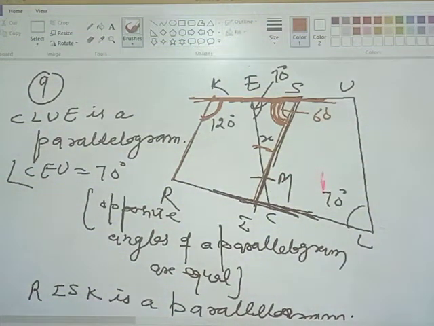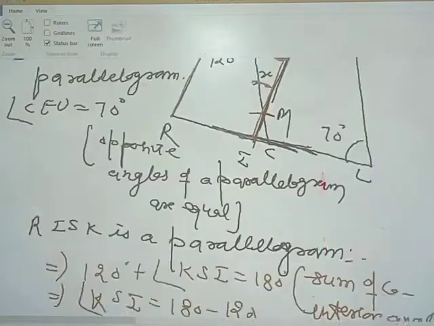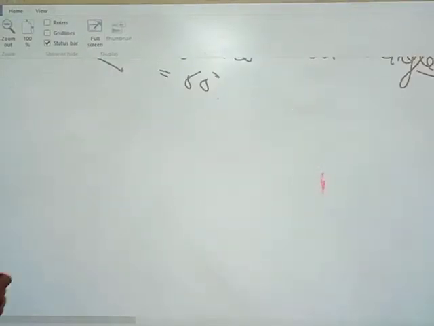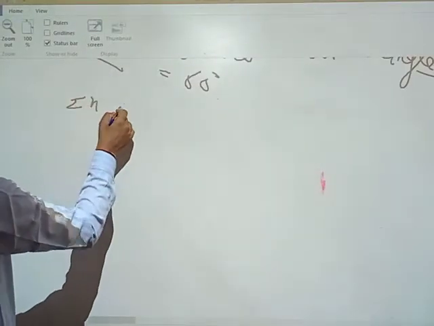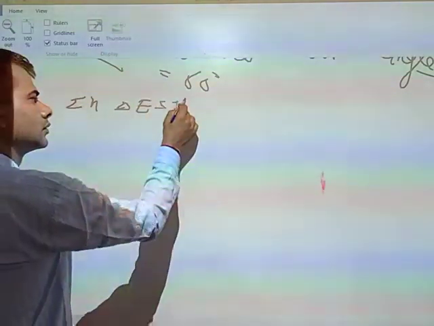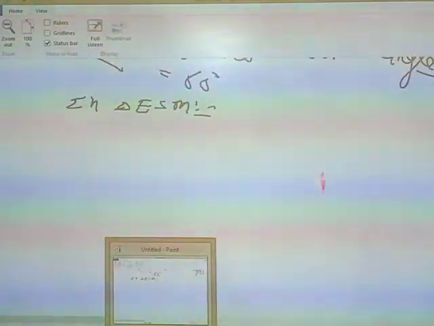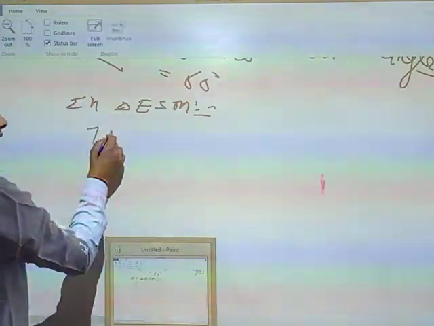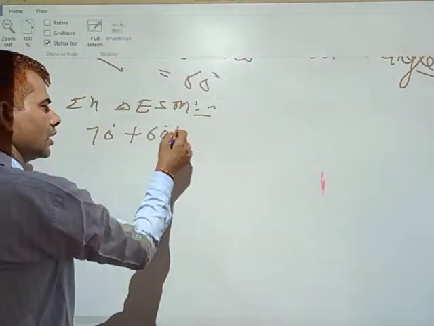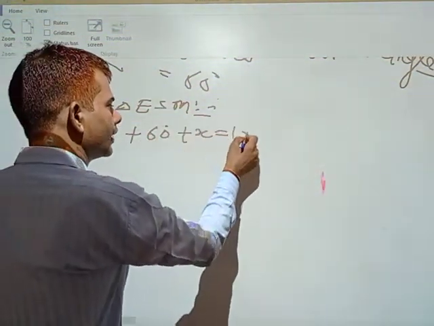Yes, 70 plus 60 plus x is equal to 180 degrees, in triangle ESM.